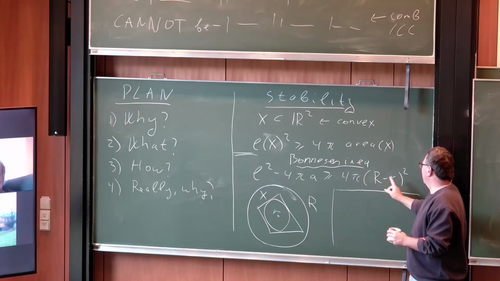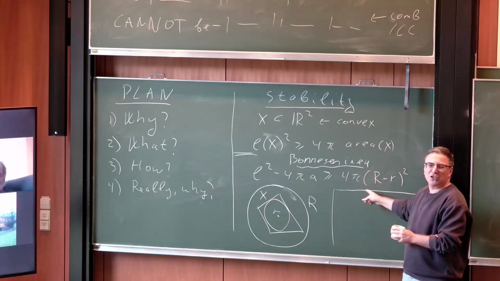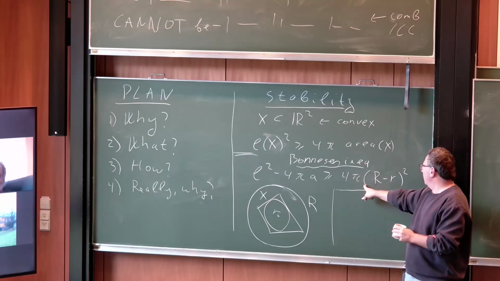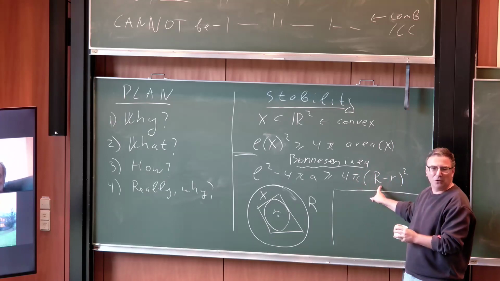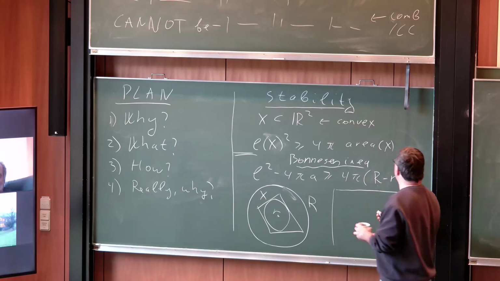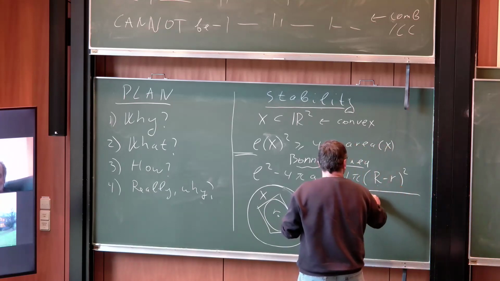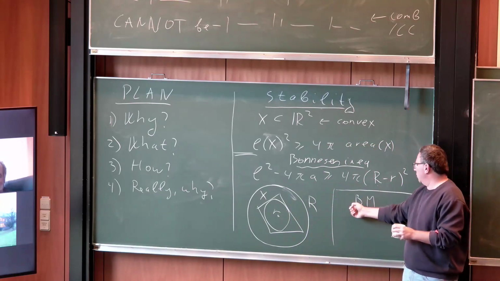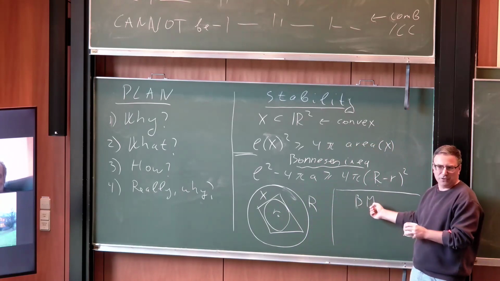So what they find is the best function you can put on the right. We're asking whether there exists any function like this at all for the Alexandrov-Fenchel, because Brunn-Minkowski inequality, I'm assuming you know, is an easy consequence of the Alexandrov-Fenchel inequality.